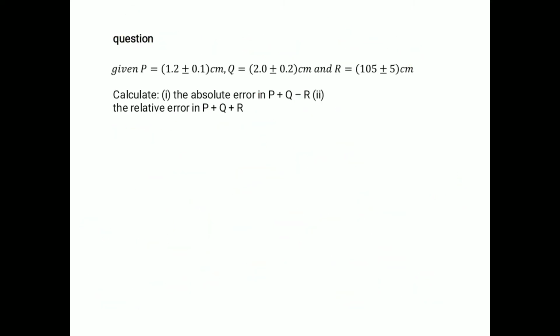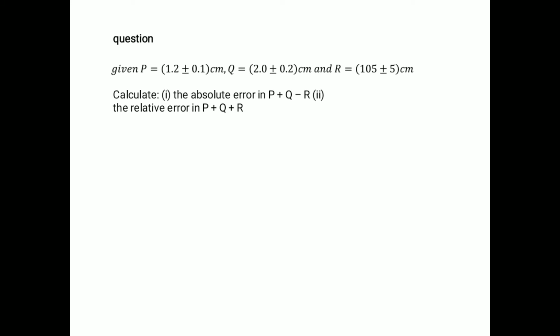We see a question here. It says given P equal to 1.2 plus or minus 0.1 centimeter, then Q is 2.0 plus or minus 0.2 centimeter, and R is 105 plus or minus 5 centimeters.